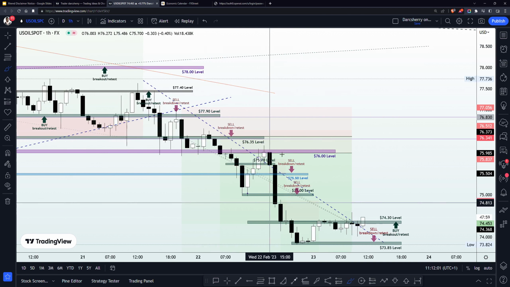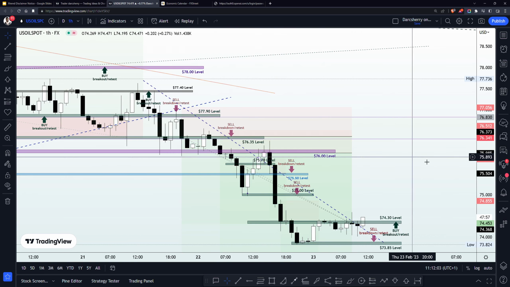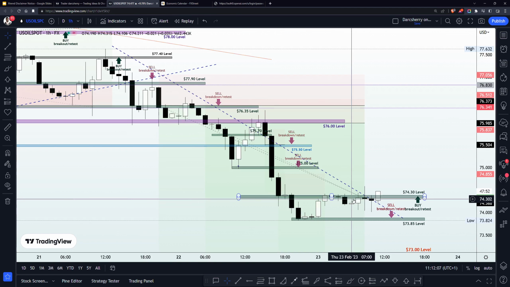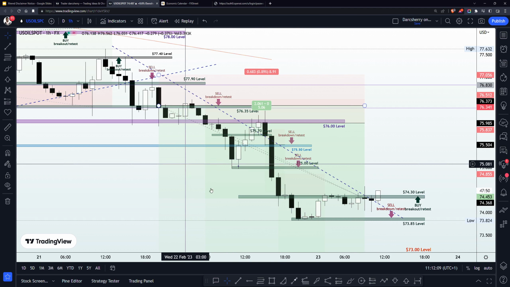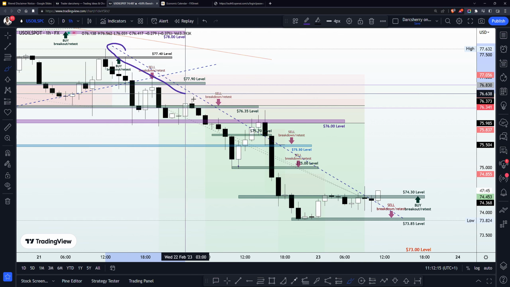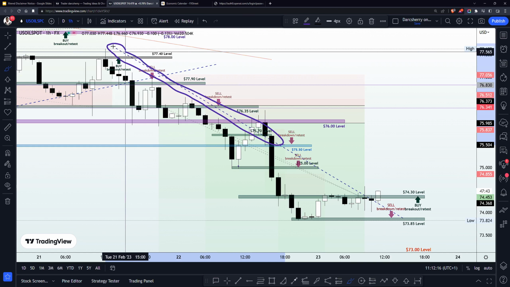yesterday. And during the live session yesterday, we identified a simple setup that we said we shall be using to guide trading activity. One of the setups we identified was this bearish trend line after connecting the series of lower highs.